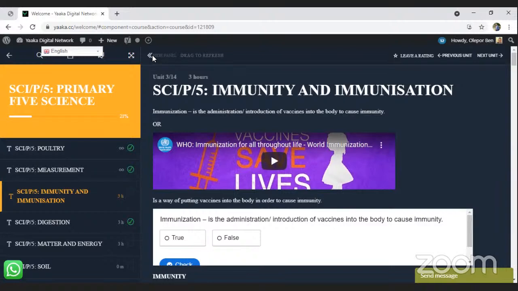So what is immunization? Immunization is the introduction of vaccines into the body to cause immunity. And then some people can say to produce antibodies against certain diseases. So you can still give that answer like that.